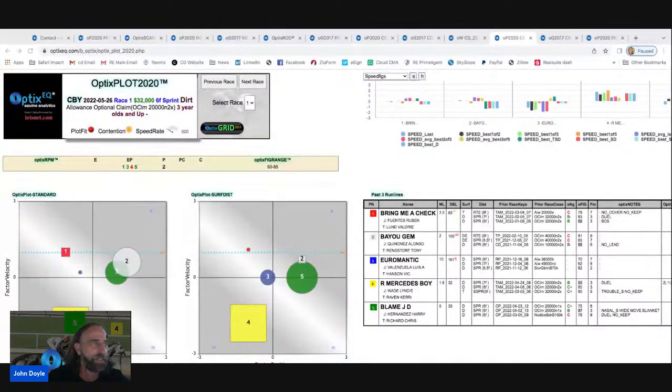Okay, they're going into the gate at Canterbury. We're looking for the 1 to kind of get out here, the 3 to stalk. The board is pretty even between the 1, 4, and 5 in terms of price.